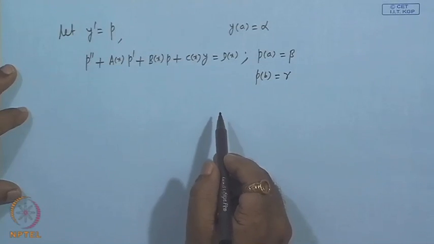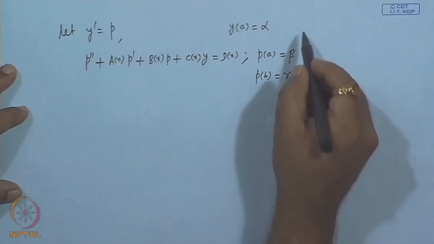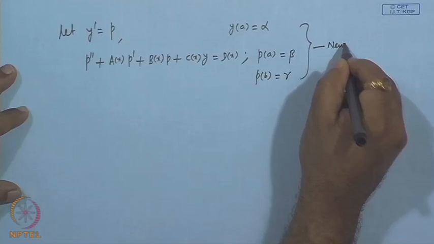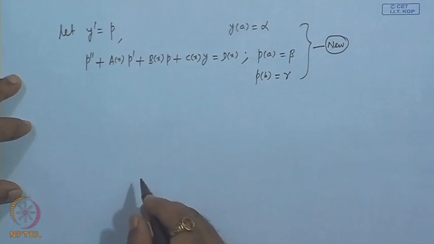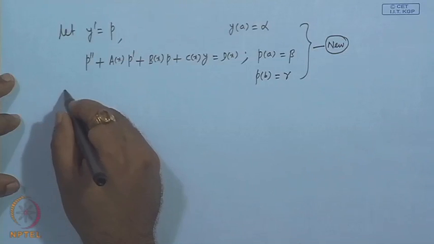Now, what we do is we discretize now the new system. Okay. So, what kind of discretization we propose?